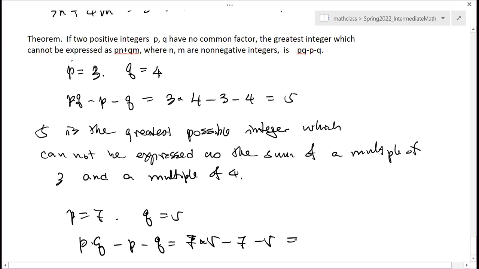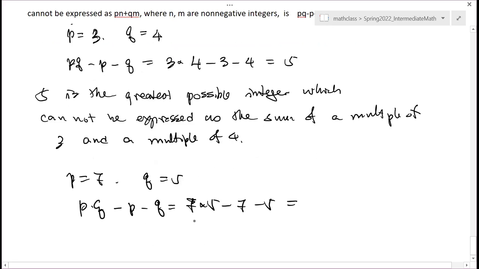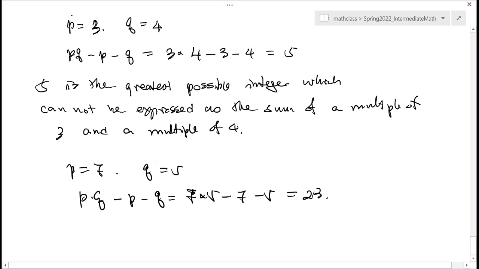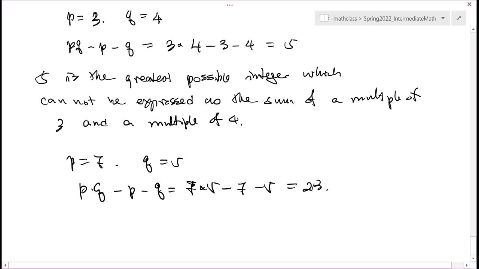So this is 35 minus 5 is 30, 30 minus 7 is 23. So 23 cannot be expressed as a sum of multiples of 7 and 5. But 24 can.